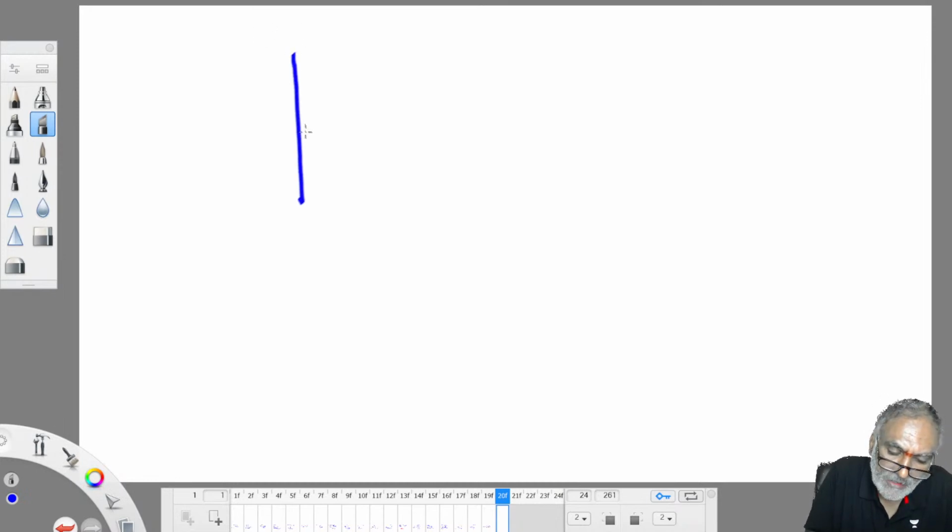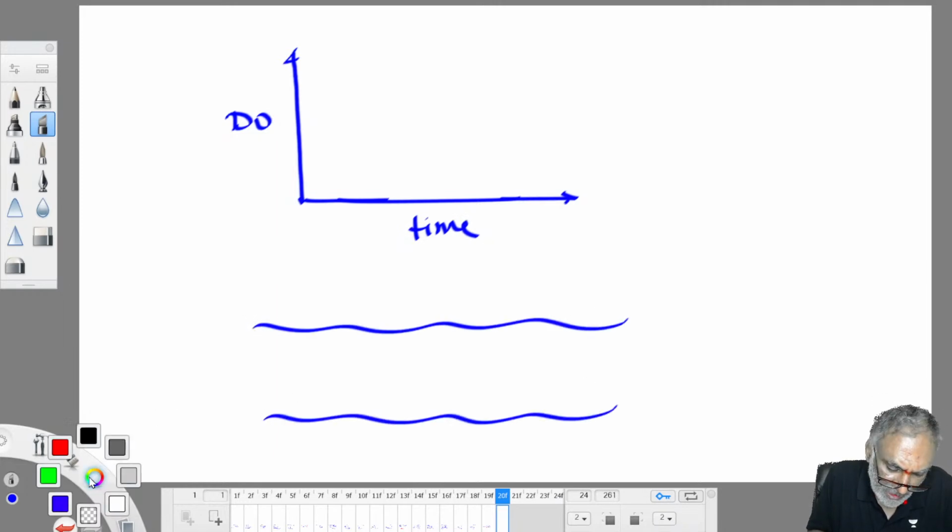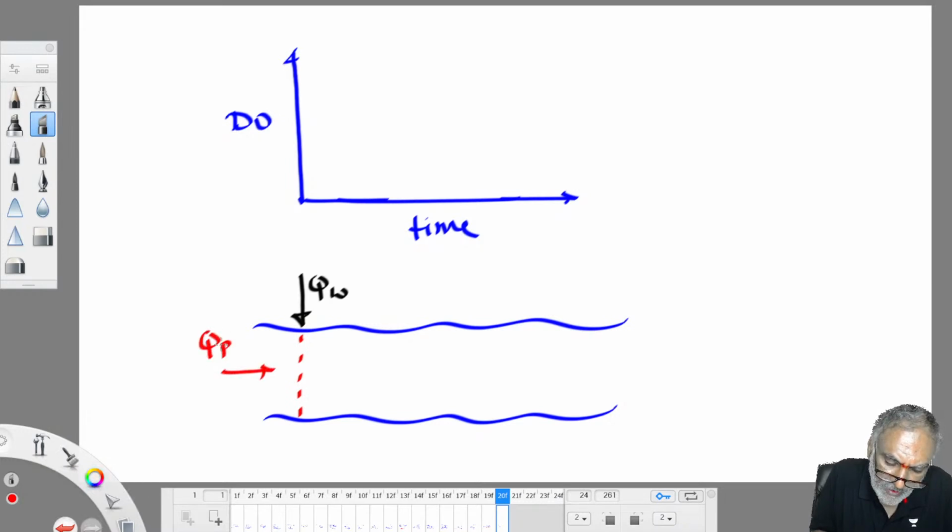So if you take only the oxygen sag curve, a DO versus time plot, after disposing the waste, this is a river, right? You are disposing your waste here. Q amount of waste into this watercourse you are disposing. The water flowing on the upstream side is QR amount of water.